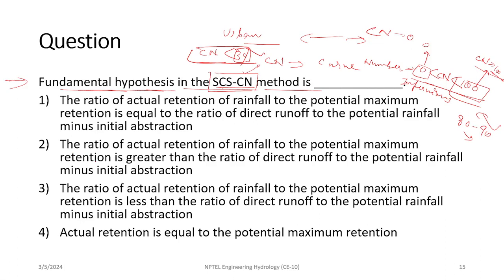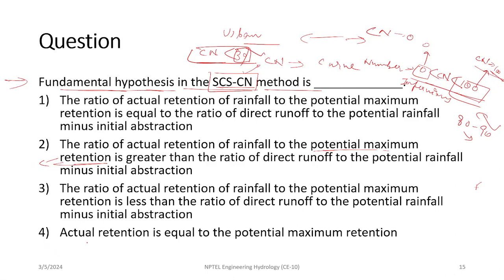Okay, the ratio of actual retention. So he is saying that actual retention, if I say F, then potential maximum. What is meant by potential maximum retention? What is the parameter we call this? I think one is correct. I will discuss it, but firstly let me know the parameter's name.